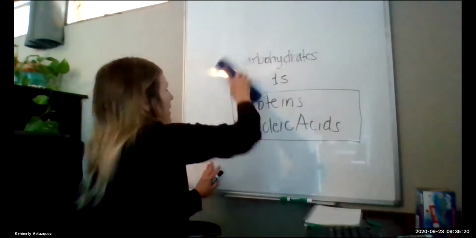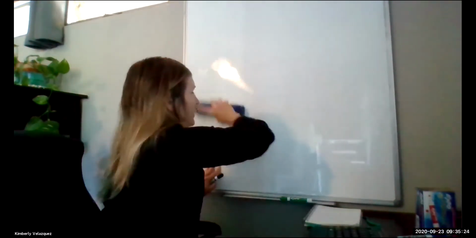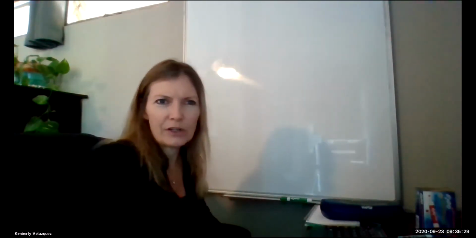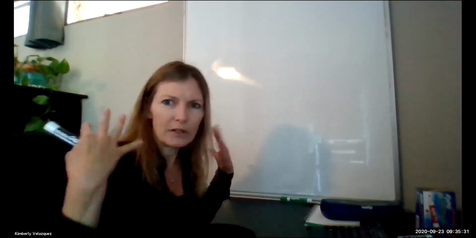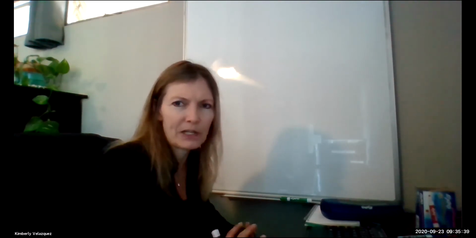Okay, so let's start with carbohydrates. And I'm going to just draw the basic structure of a carbohydrate. And realize that when sugars are in solution, which you are, a big bag of solution, you are mostly water. So you would never have a sugar in your body that wasn't in solution unless it was a structural polysaccharide, which we really don't have in our bodies, but plants do, fungi do.